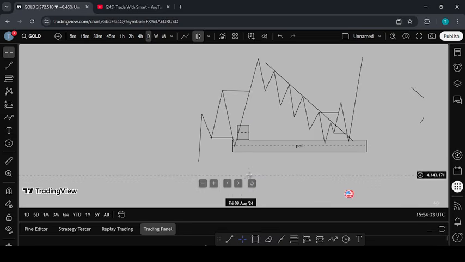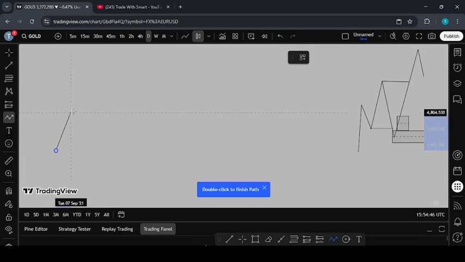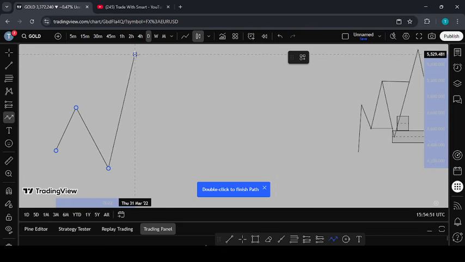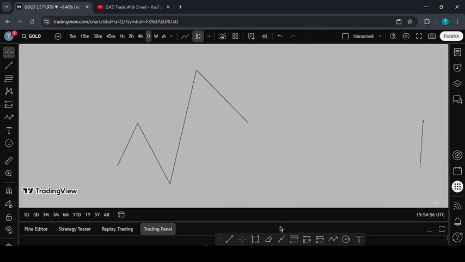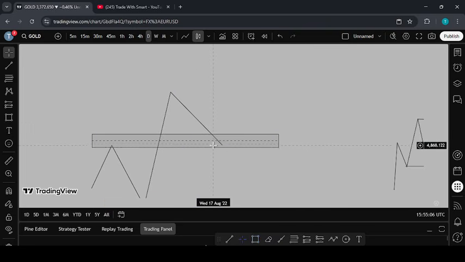And of course, there might not be a valid POI that has swept liquidity like this, but there might have been something like this: a rejection, then you have a break, then you have the market coming down towards this region of previous resistance, that is now acting as support. You can have the market coming down to this region here.